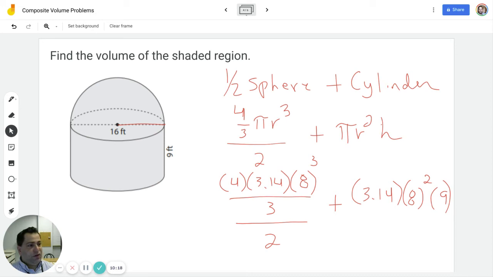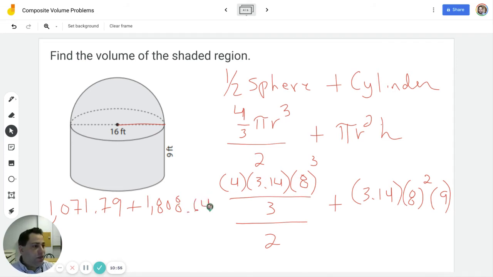So in my calculator, if I do 4 times 3.14 times 8 cubed divided by 3 divided by 2, I get 1,071.79. Plus, and then I do the cylinder, 3.14 times 8 squared times 9, and I get 1,808.64.